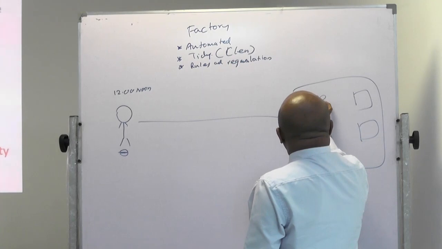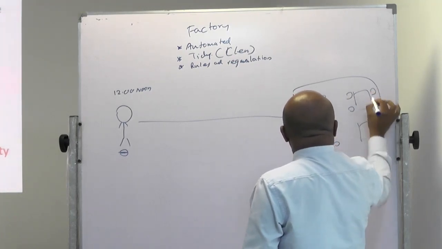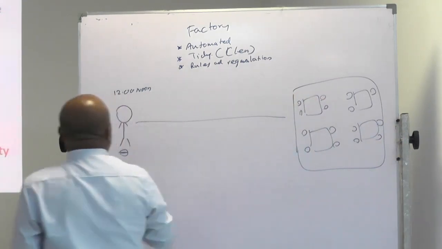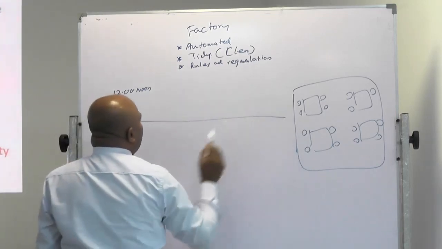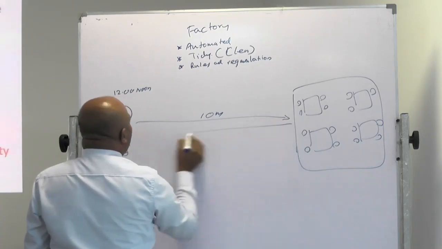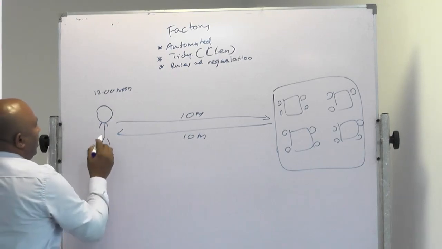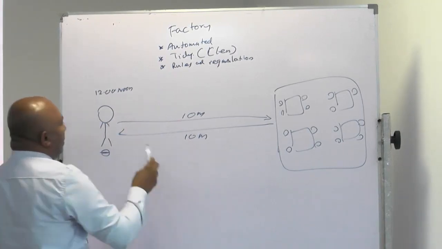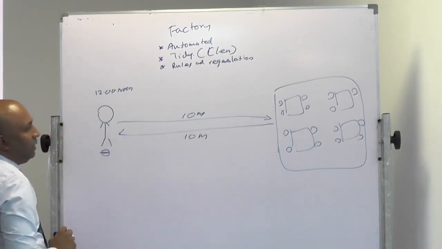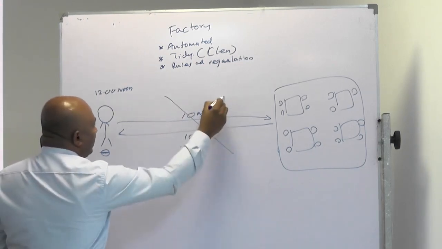So these are the people there. Then when you go to this place, it takes 10 minutes, right? When you come back here, it also takes 10 minutes, right? So for you to go there and come back, it takes about 20 minutes. What is this? This is a waste.